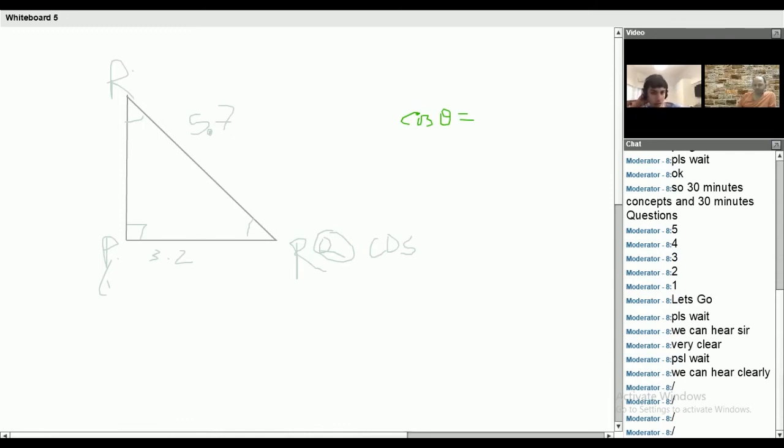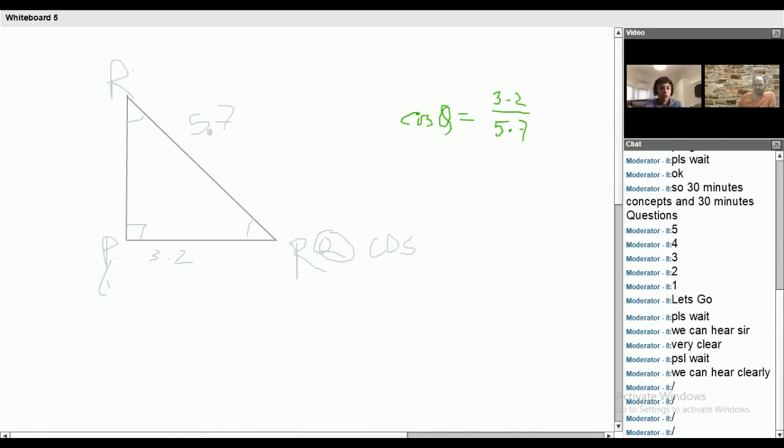Yes, cos theta is 3.2 over 5.7. So what would be the value of theta? In place of theta, can't we write Q? Let's not consider theta. We can write Q, so that we can have the answer in lesser time. So what about Q? How are you supposed to find this?